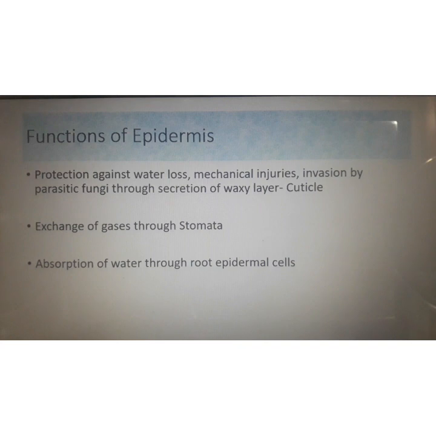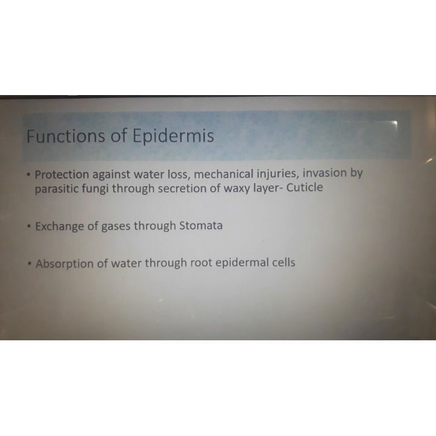Secondly, in leaves, it helps in exchange of gases through stomata. These are small pores here and there in the epidermis of the leaf. Stomata are enclosed by two kidney-shaped cells called guard cells.